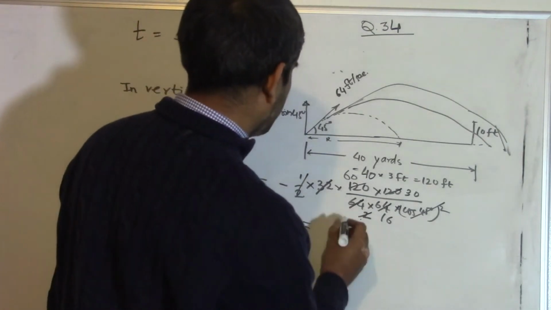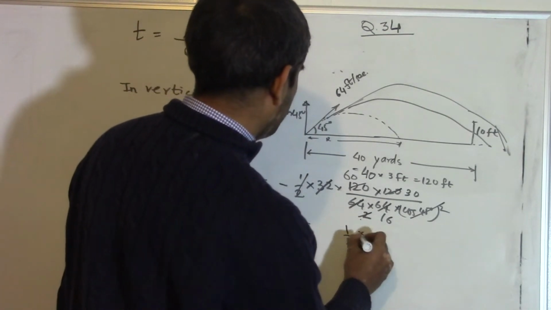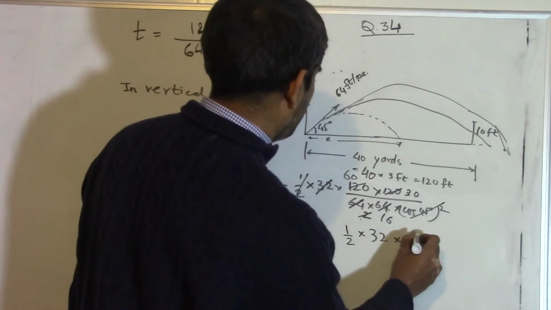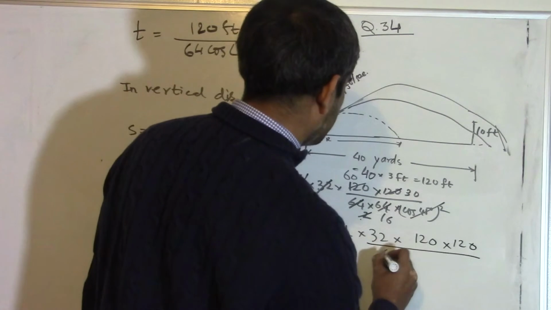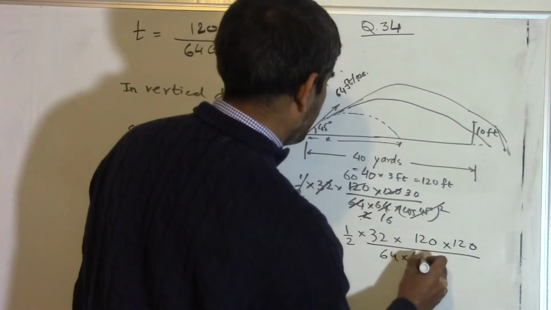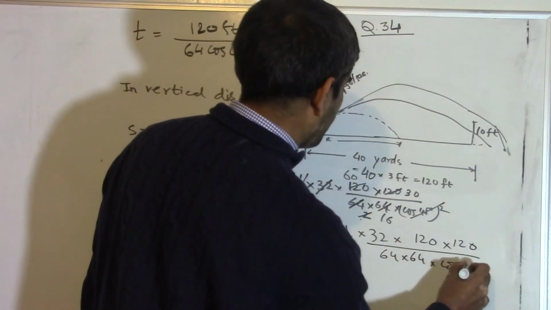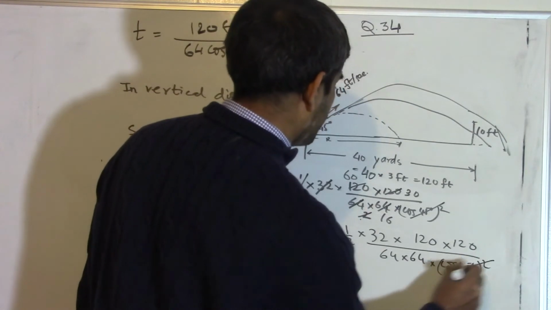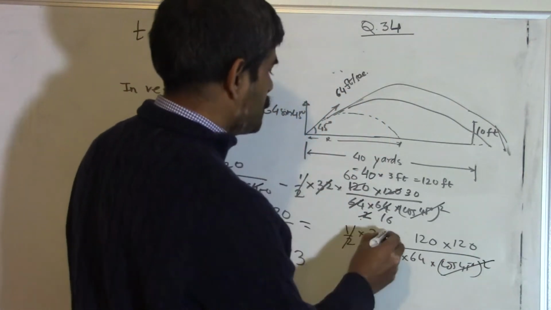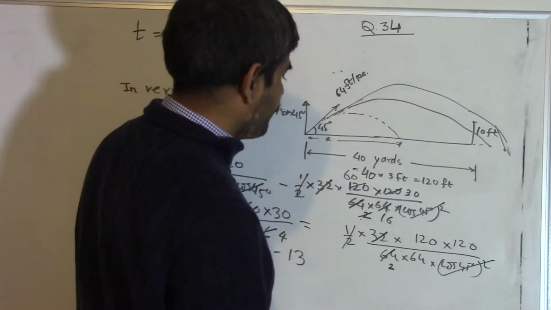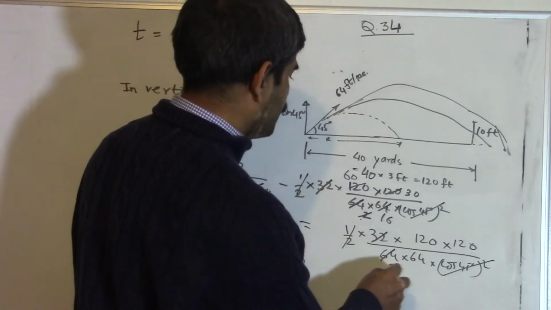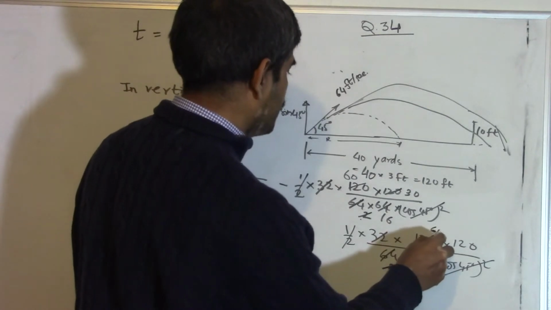I'll write this again. Half into 32 into 120 into 120 divided by 64 into 64 into cosine 45 degree whole square. This cancels. 32 into 2 is 64. This is 2 goes, this is 60.